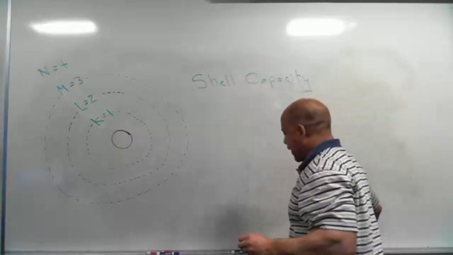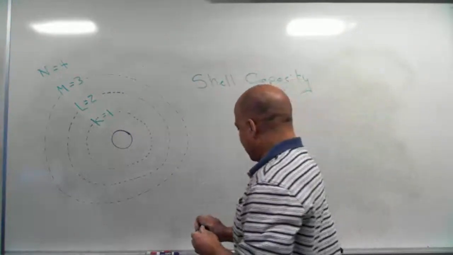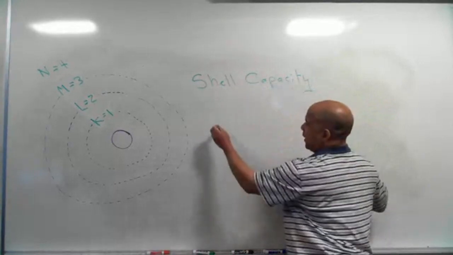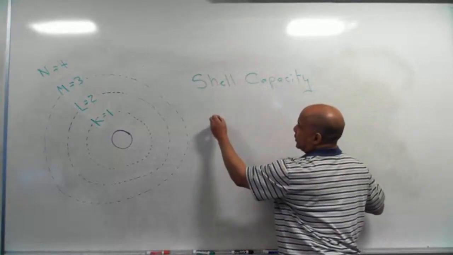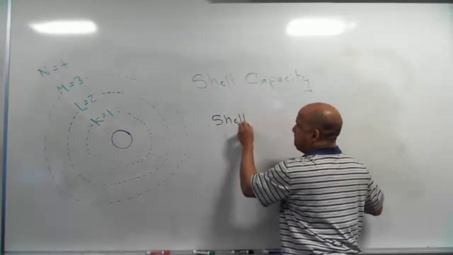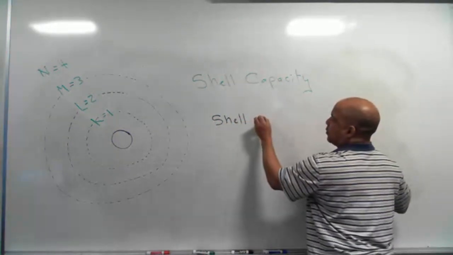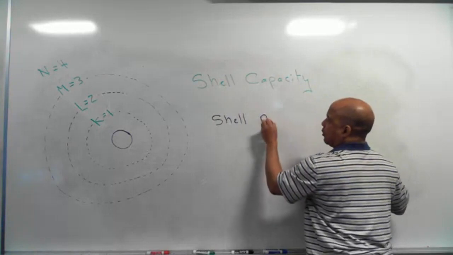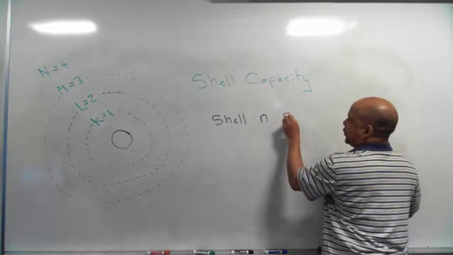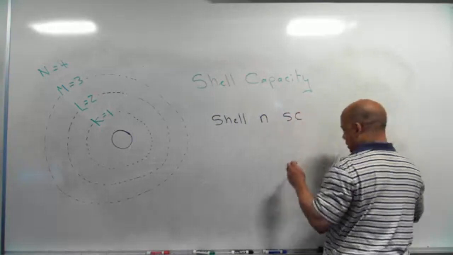And you can actually calculate the shell capacity. It's pretty simple. Let me make a chart here. I want to make a table that consists of the shell, the shell number, we'll use a lowercase n for the shell number, and then the shell capacity.